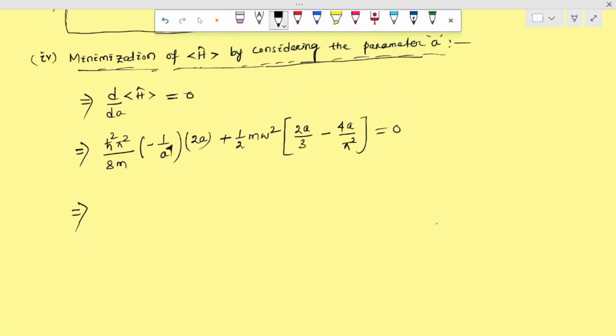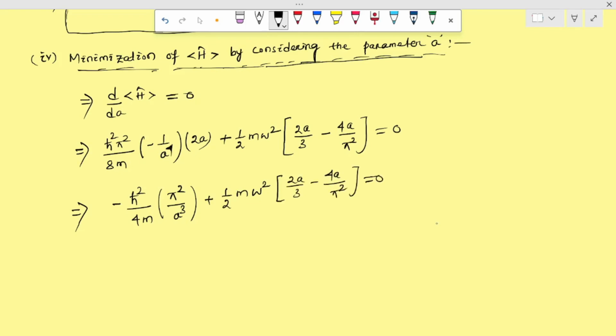That implies minus ħ² by 4m. Here you can see the 2 and 8 got cancelled, you get 4m, minus ħ² by 4m, because this is minus, here π² by a³, because one a got cancelled with a⁴, plus half mω². As such, you just write 2a by 3 minus 4a by π², equal to 0.